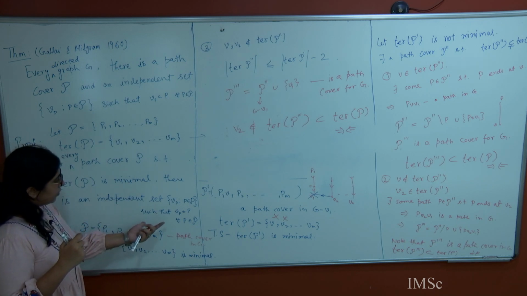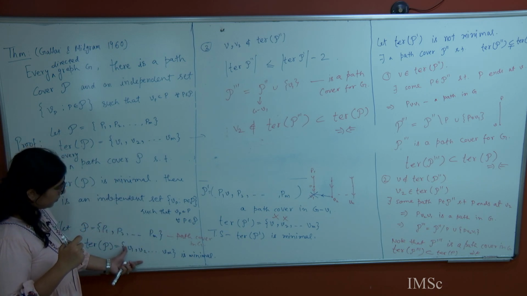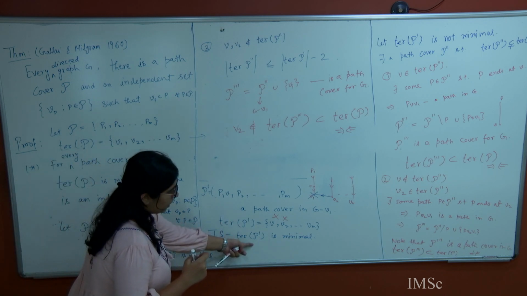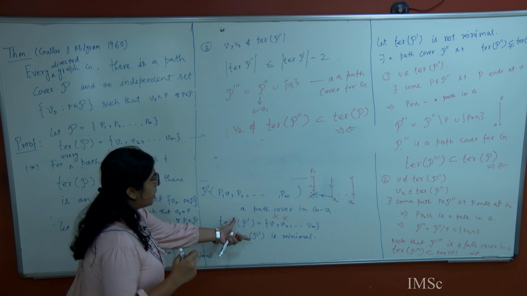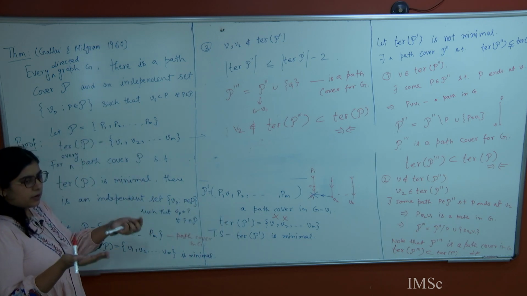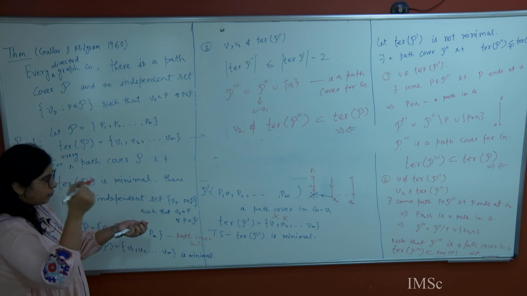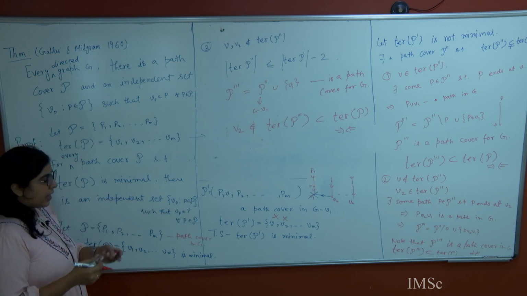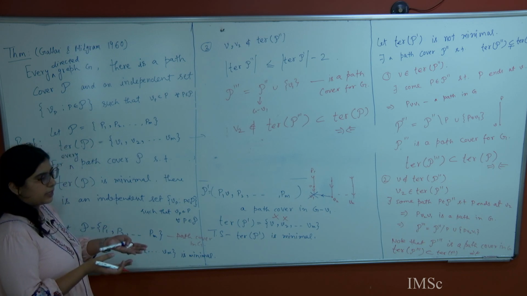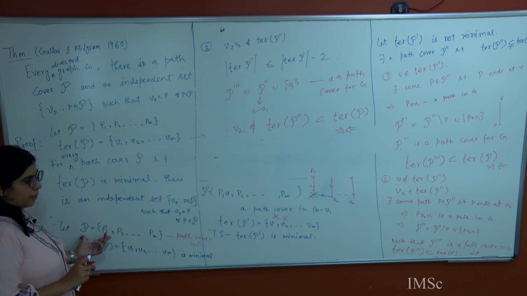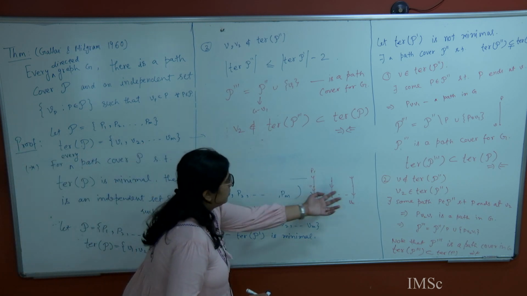Yeah. So once we have P prime with minimal terminal set, we can apply our induction hypothesis and we will get an independent set where from every path in P prime I have some vertex in the independent set, and that same independent set is an independent set for my G as well, right, because of this path cover.